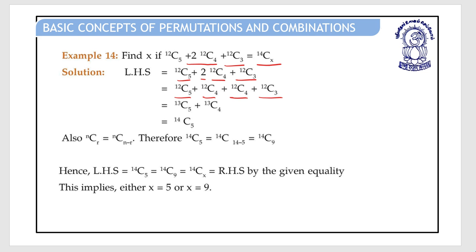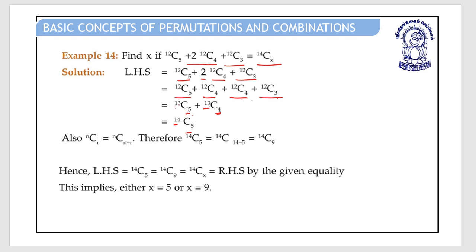So it becomes (n plus 1)Cr. So 13C5, and in the same way here 12C4 plus 12C3, r is 4 and n is n plus 1, so 13C4. So 13C5 and 13C4, with r values 4 and 5, the greatest r is 5. So n plus 1, 13 plus 1.